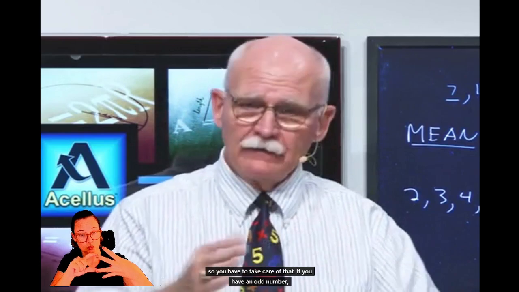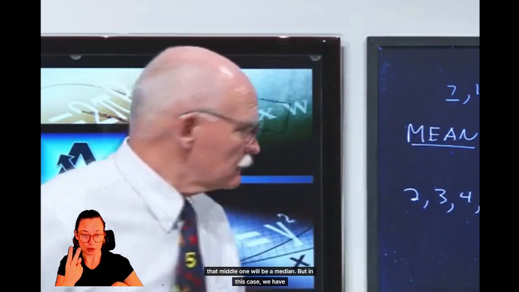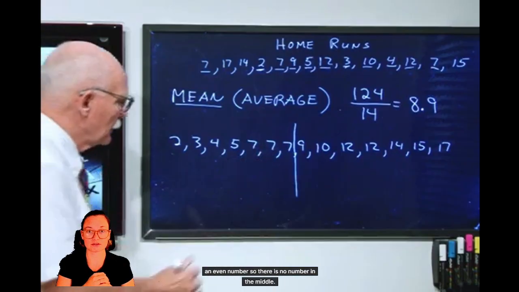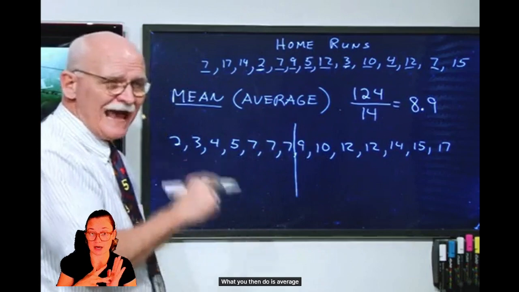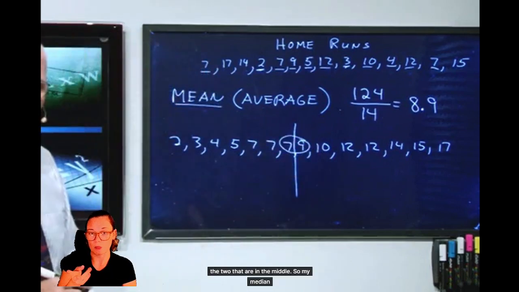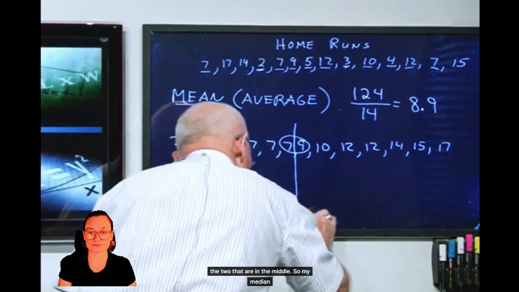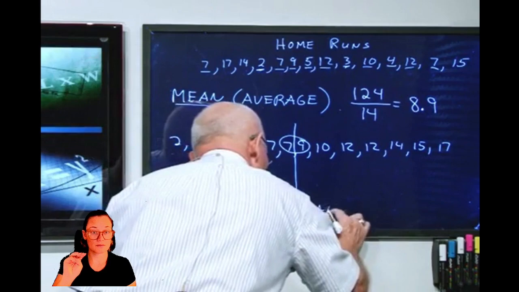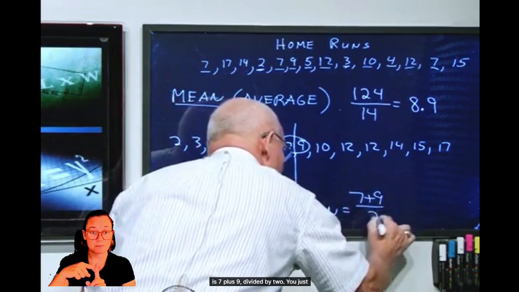If you have an odd number, that middle one will be your median. But in this case, we have an even number, so there is no number in the middle. What you then do is average the 2 that are in the middle. So my median is 7 plus 9 divided by 2.